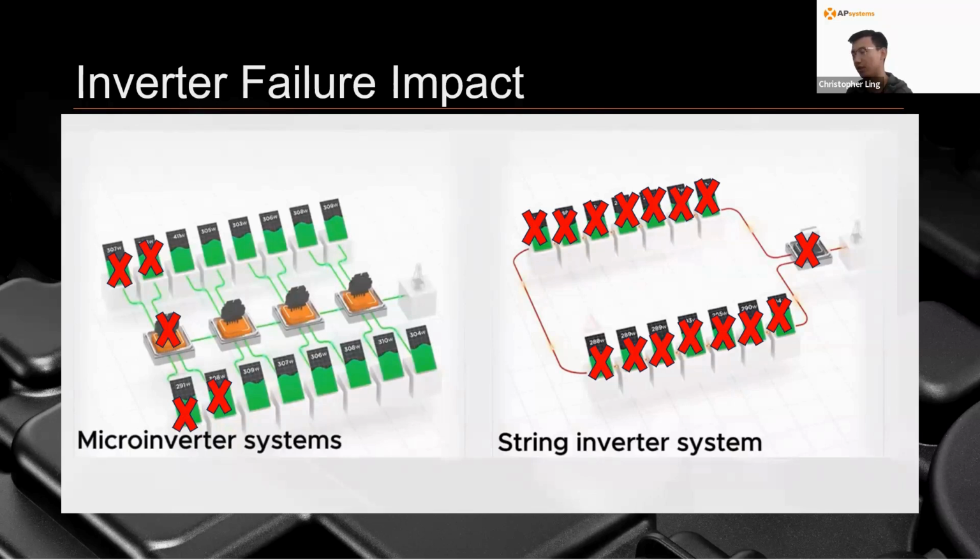So the failure is not as high under these circumstances, so that you can basically be more strategic in terms of when you want to go out to do truck rolls to figure out and fix systems. And also the penalty of a failure is not as high.